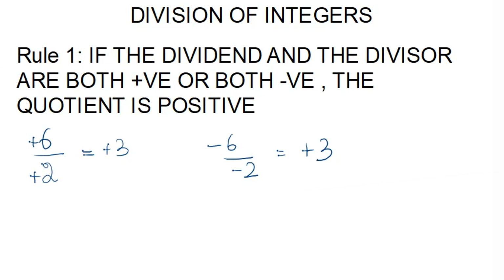So if both are positive also, your quotient will be positive. If both your dividend and the divisor are negative also, your quotient will be positive. So how can you write this in general: plus divided by plus equal to plus, minus divided by minus is also equal to plus.